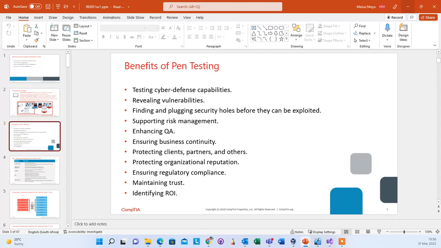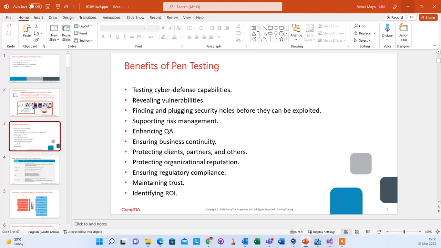Let's say you're a cloud provider. If you don't have good measures in place to protect against cyber attacks, no client will want to do business with you. So by conducting pen tests regularly, it shows our clients that we take cyber attacks very seriously on our side.